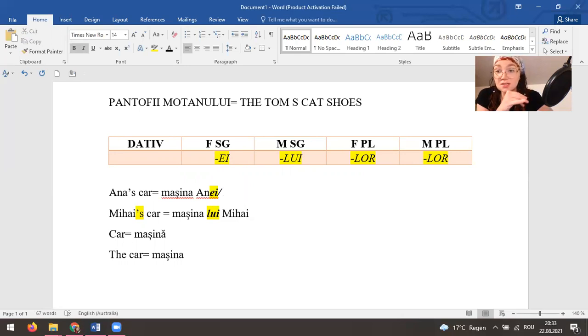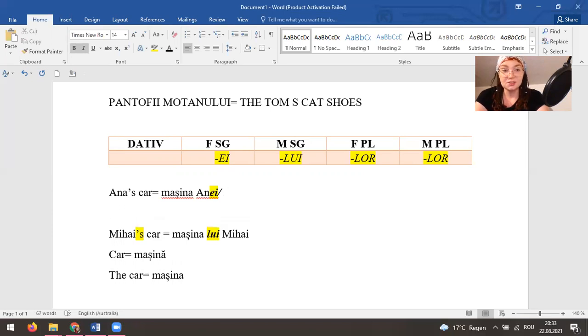It sounds really so beautiful. But we will not say this. Yeah, we will say lui Ana. Yeah, we'll say lui Ana. Unfortunately. Now I will show you some exceptions.